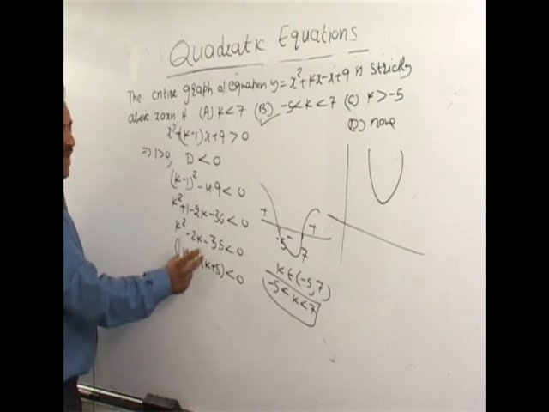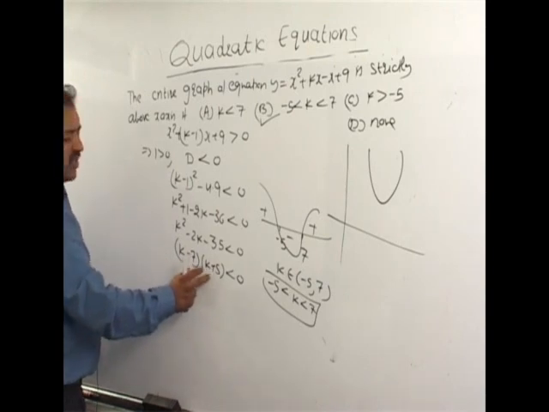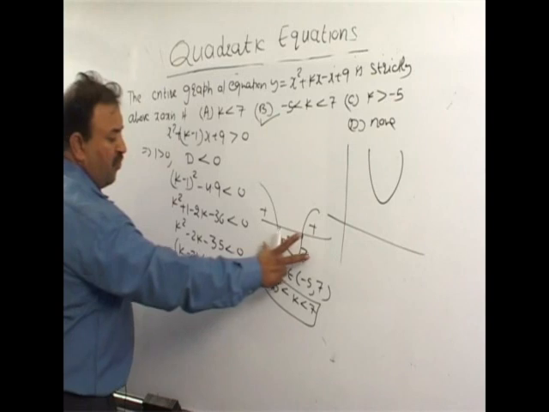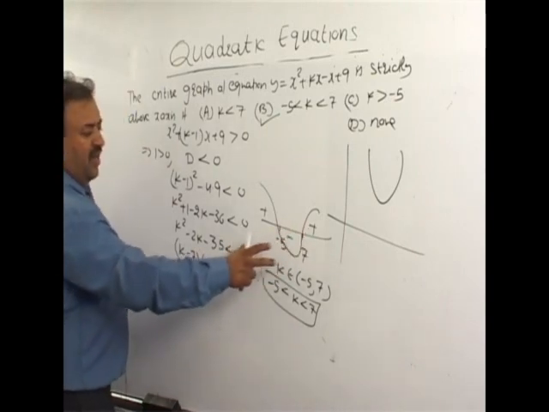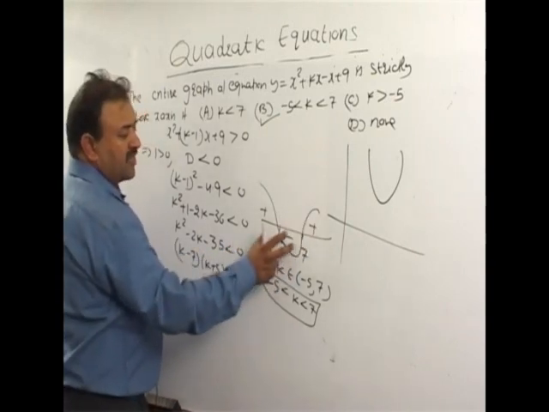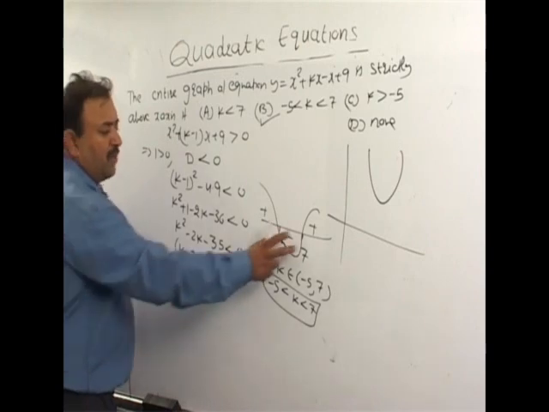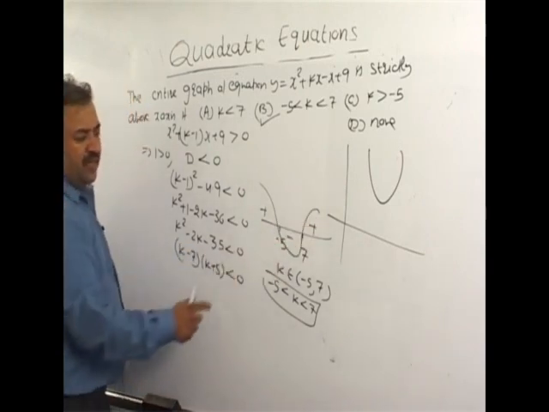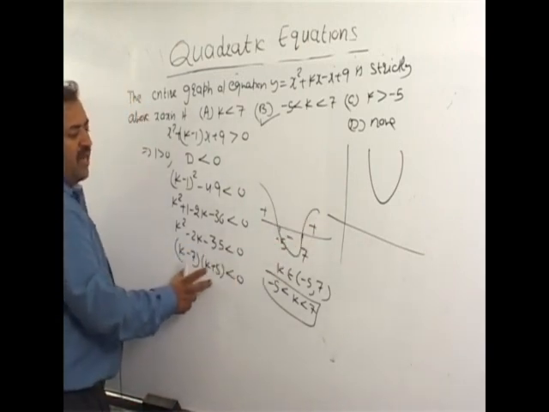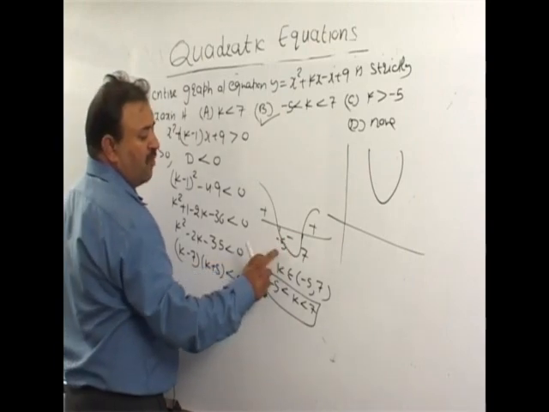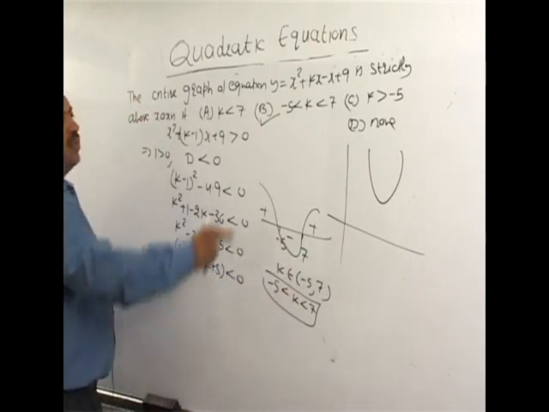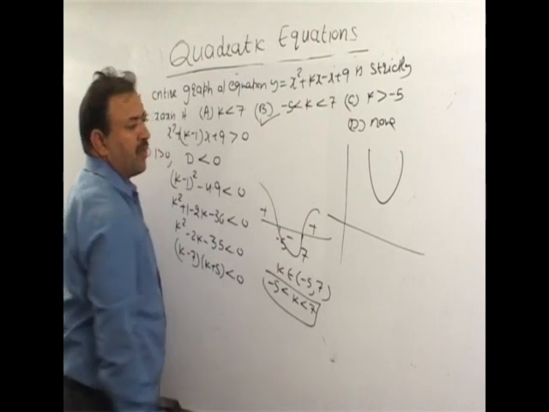We simplify it, and we get k square minus 2k minus 35 less than 0, so k minus 7 into k plus 5 less than 0. We draw a number line, represent these two points on it, and use the wavy curve method. This expression will be negative when the value of k is from minus 5 to 7. So this is the range of k.